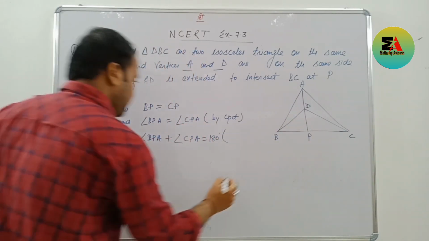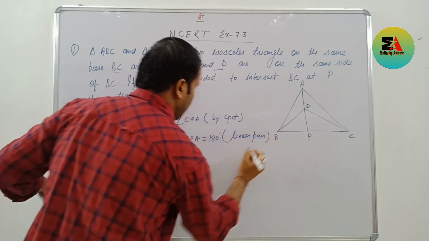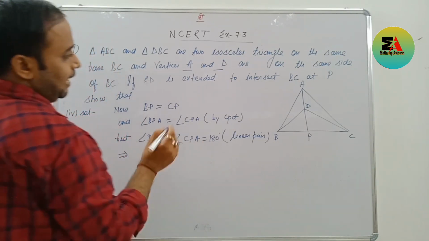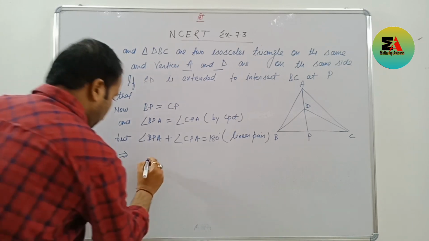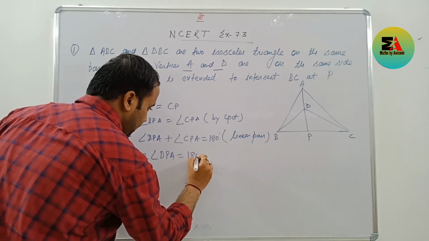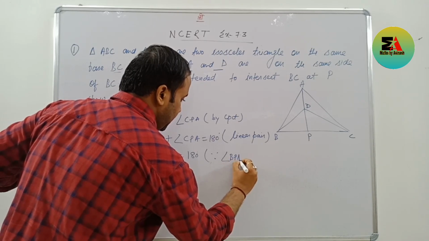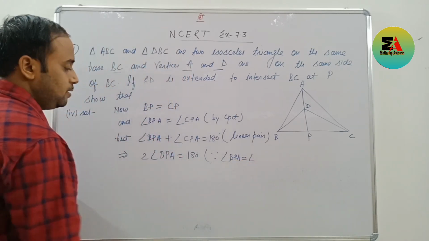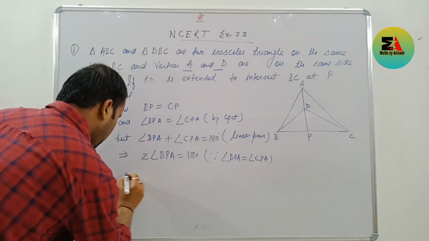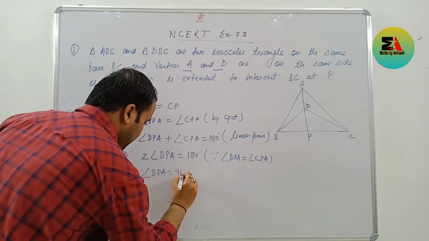Why? Linear pair. And these both angles are equal to each other. So what we write? Angle BPA plus angle CPA is 180 degrees. Since angle BPA is equal to angle CPA, each is 90 degrees. Therefore, angle BPA is 90 degrees.